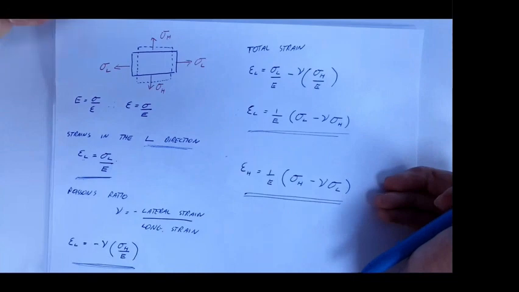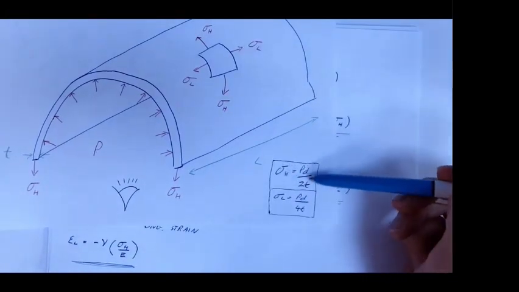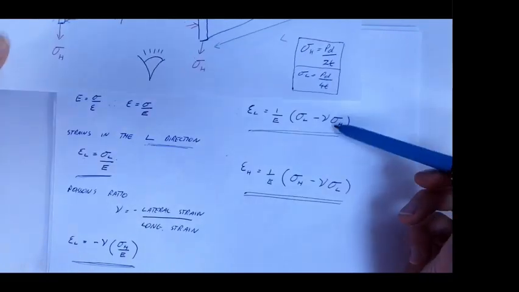Now, if we look back to what we had before, our hoop stress is PD over 2T, our longitudinal stress is PD over 4T, clearly we can insert those into there.